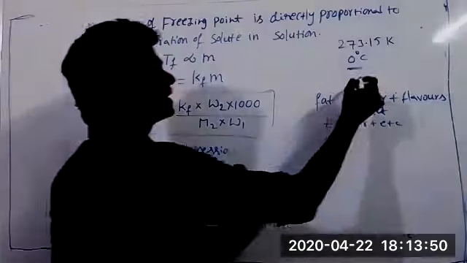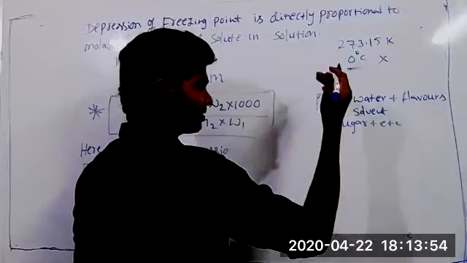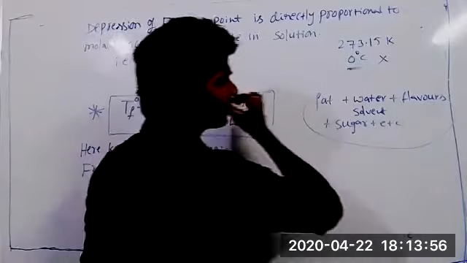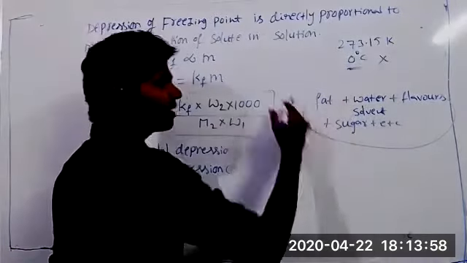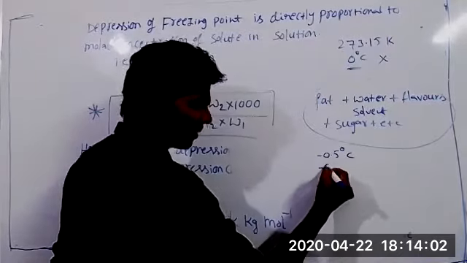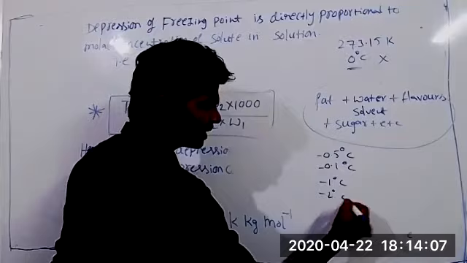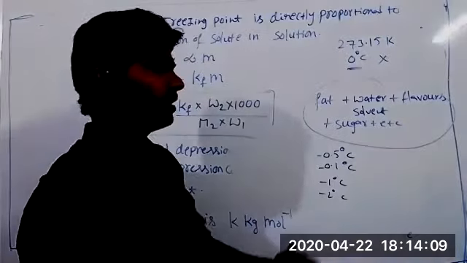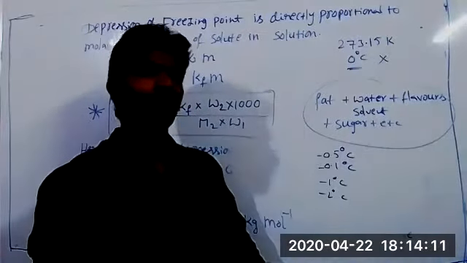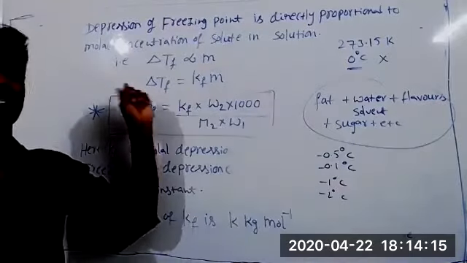This 0 degree centigrade is not sufficient to make any solid from this content. It requires a temperature below 0 degree centigrade. It may be minus 0.5 degree centigrade, or minus 1, minus 2 degree centigrade. So we must decrease the temperature to make it solid. That is only depression in freezing point.